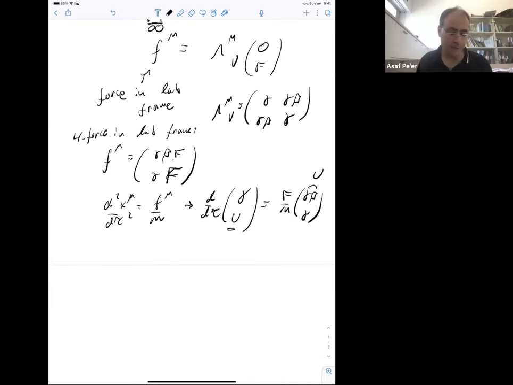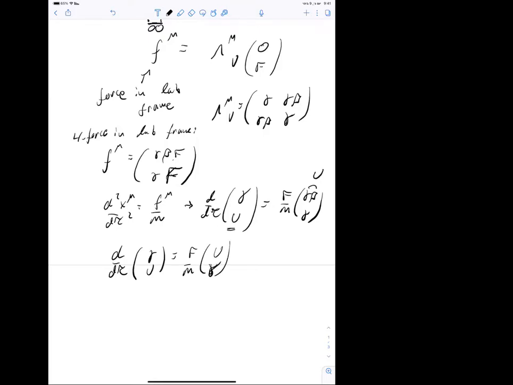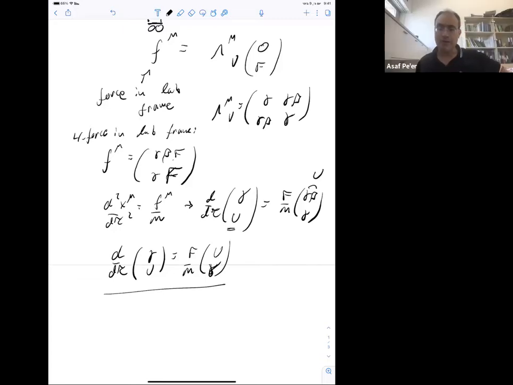So we end up with a couple of coupled equations: d over d tau of gamma equals f over m times u, and d over d tau of u equals f over m times gamma. And what we're after, of course, is gamma of tau and u of tau. But that's straightforward because that's a coupled first order equation.